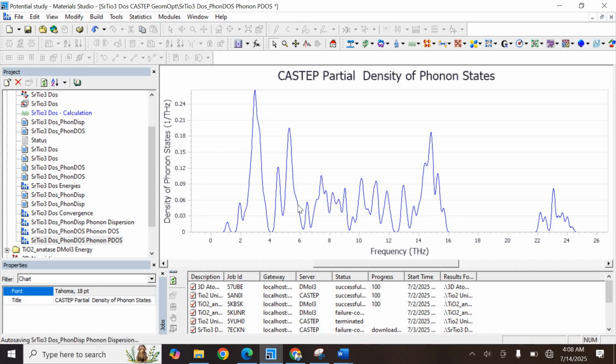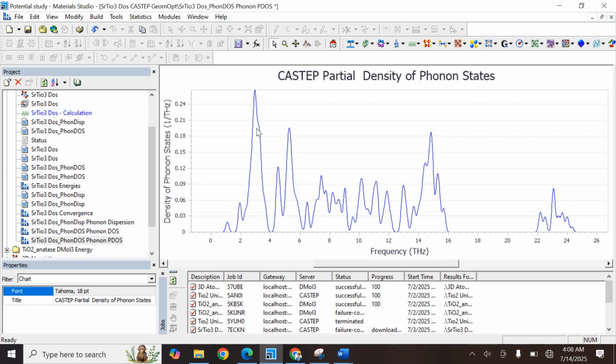The low frequency range from around 0 to 6 terahertz mostly comes from vibrations of the heavier atoms like Sr and Ti, and the high frequency region, especially from 20 to 24 terahertz, is due to the lighter oxygen atoms, which vibrate more rapidly due to their lower mass. So these patterns give us a deep insight into the internal vibrations and how different atoms contribute to heat and lattice motion.